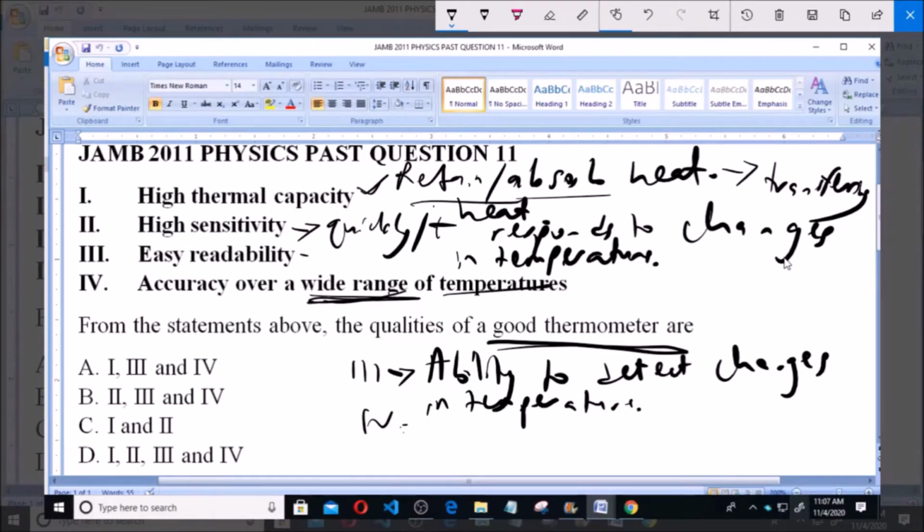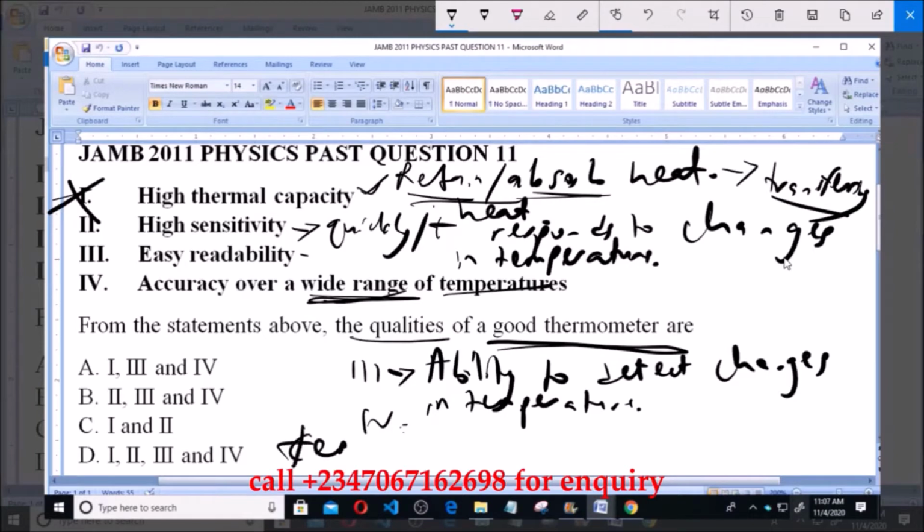Now, we're asked which is a quality of a good thermometer. High thermal capacity is not a quality of a good thermometer, because a good thermometer should not absorb or retain heat or transfer heat, because it could affect the temperature of the body from which you are taking the temperature reading.